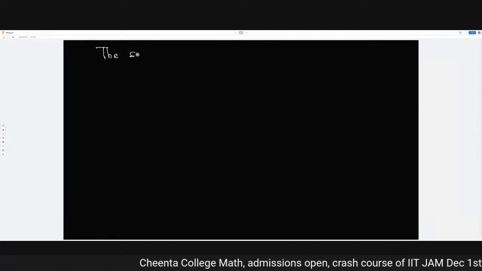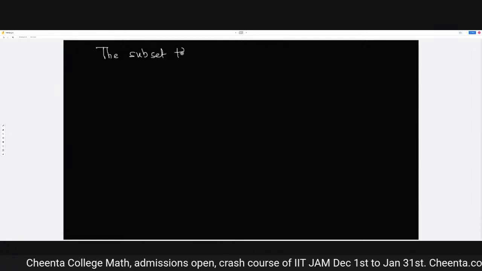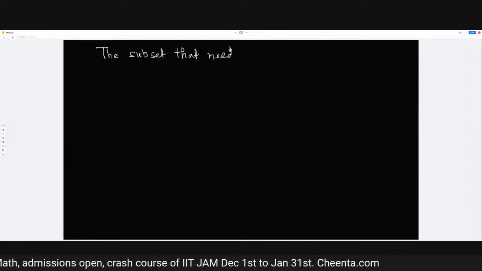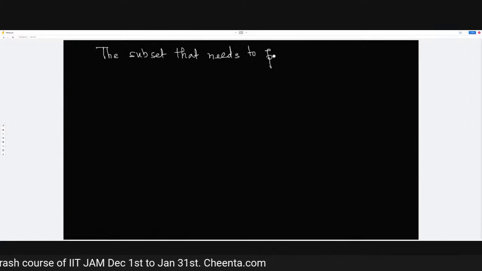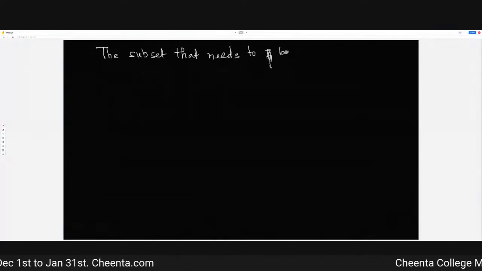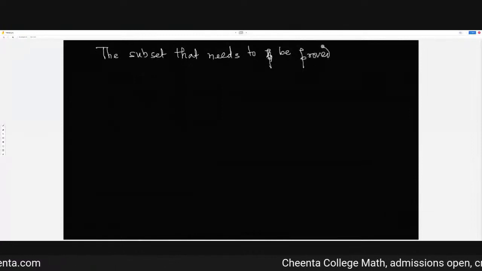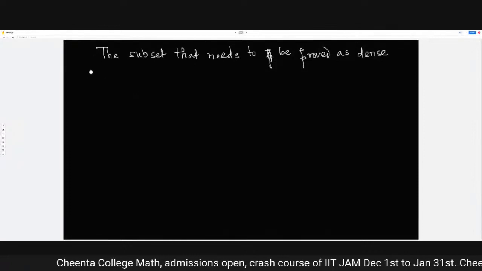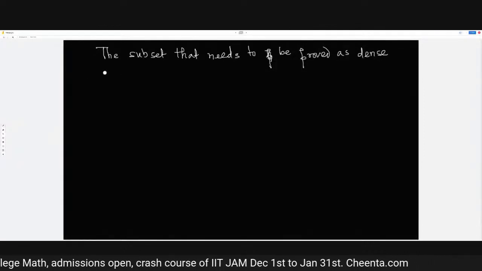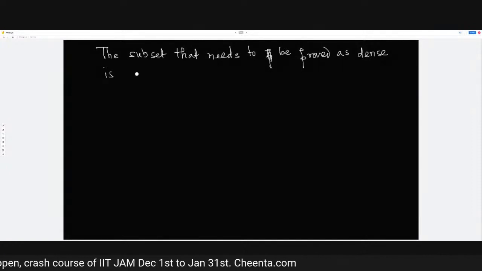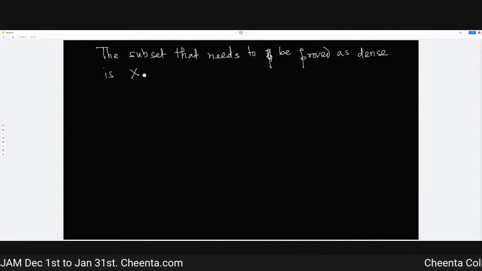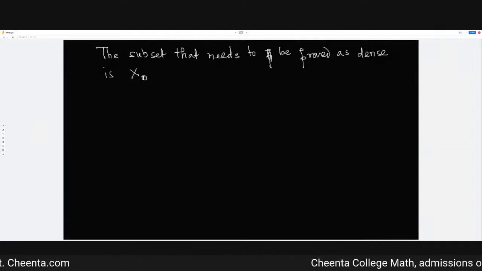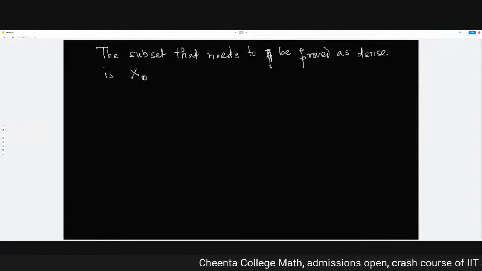So let's take the subset that needs to be proved as dense, let's say some X naught, capital X naught. So what is this?